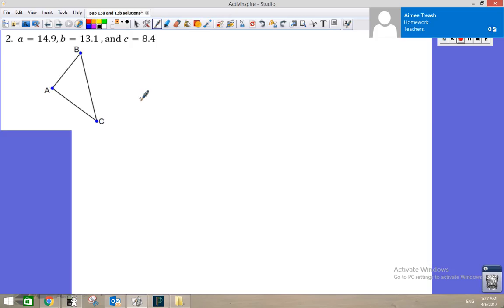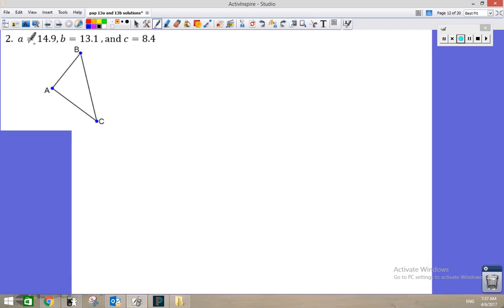So I'm going to go ahead and find the largest angle, which is opposite the longest side. So I'm going to find the measure of angle A first. If I look to my reference sheet, I've got A squared is equal to B squared plus C squared, Pythagorean theorem, but then minus 2BC times the cosine of A. So I need to solve this equation for the cosine of A and then take the inverse.